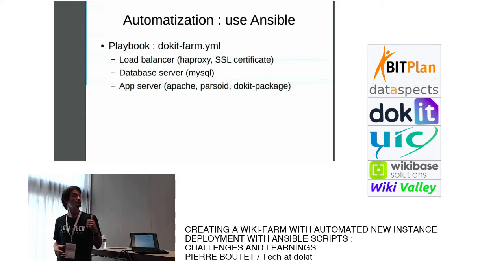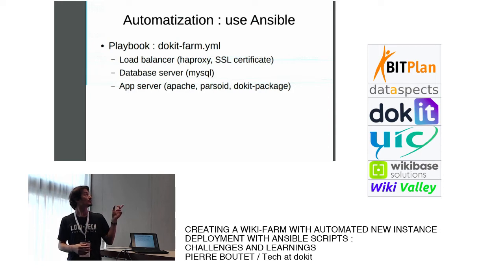So I built two playbooks. The first playbook is wiki-farm. This playbook is made to build a new farm. When you want to build a new farm, that means creating servers, you have to either pay for a server at a hosting provider, have your own, or just instantiate Docker containers.